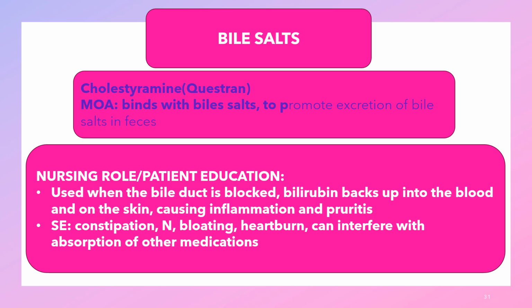So bile salts are a component of bile, and they're part of that process to help break down fats. But when we have blockages, so when that flow of bile is disrupted and those bile salts in the bile begin to build up in the blood, sometimes they come out on the skin, and it can cause extreme itching in the skin.